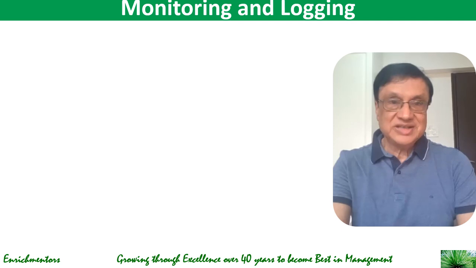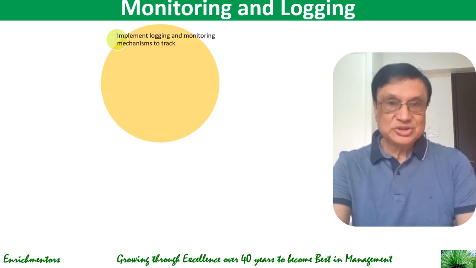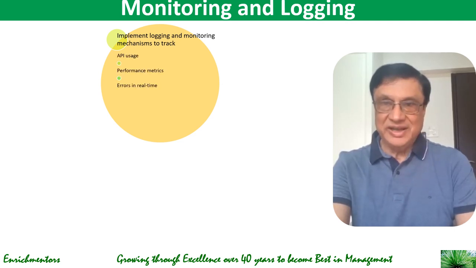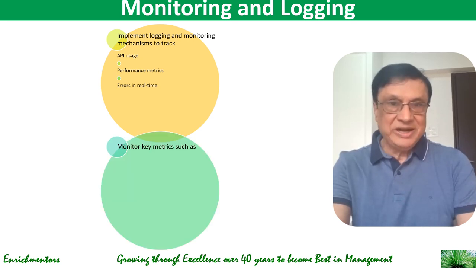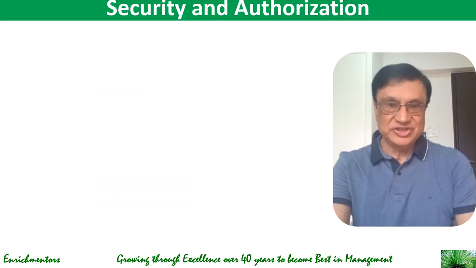Then they implemented logging and monitoring mechanisms to track API usage, performance metrics, and errors in real time. They monitored key metrics such as response time, throughput, and error rates to detect anomalies and performance degradations.